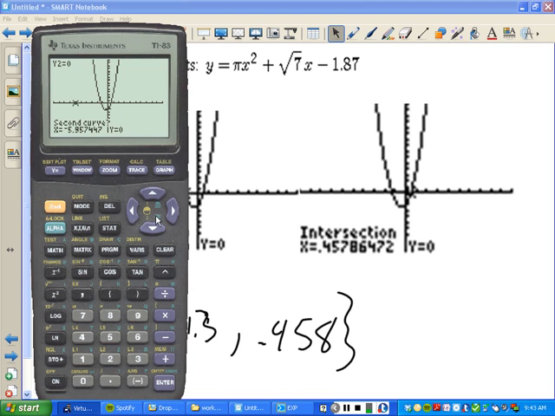Notice how the cursor is just moving right along the x-axis? So when I hit second curve, it's on the x-axis. Then when I hit guess, it'll go to the intersection. Whichever intersection the cursor is closer to, that's the one it's going to find.